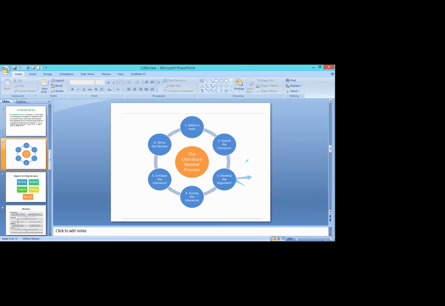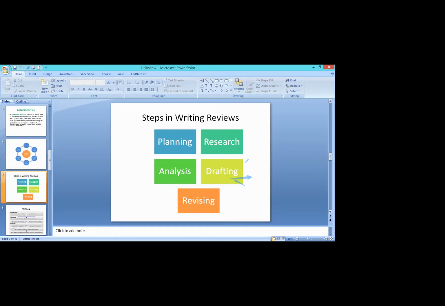So this is how the critique is done. Then write the review. Whatever you have found or whatever has come to your mind, everything is not correct. So you have to further define it, redefine it, and write it. And this is how you are writing the review.